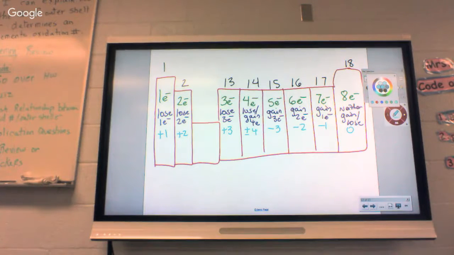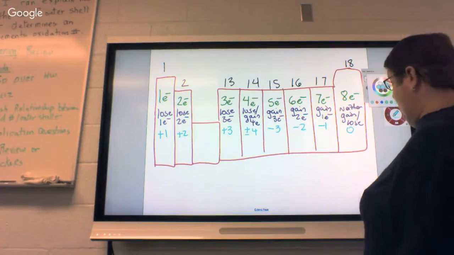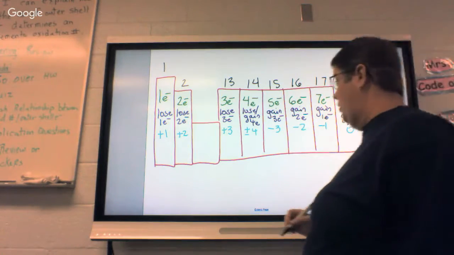I said, which groups are the most reactive groups on the periodic table and why? Group 1 is one of the most reactive groups on the periodic table, but I'm asking for why, and that's where we're struggling.